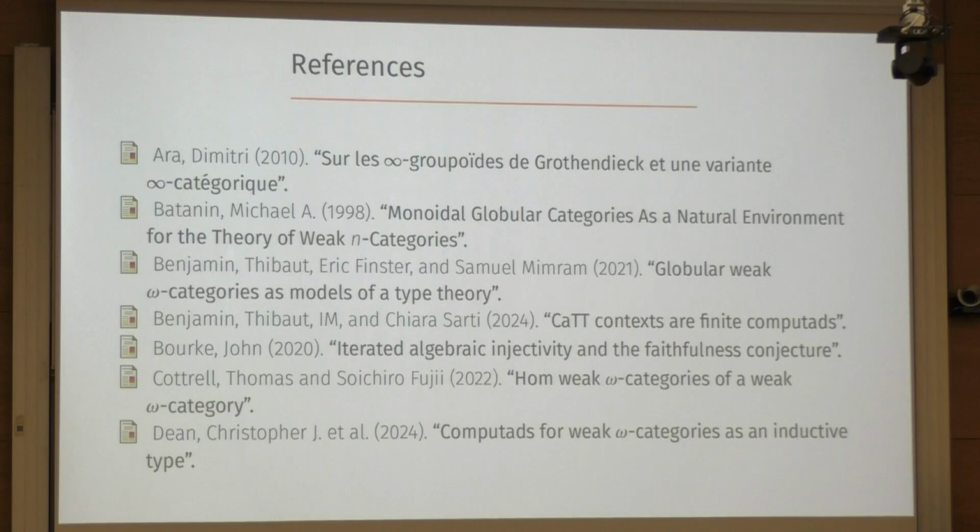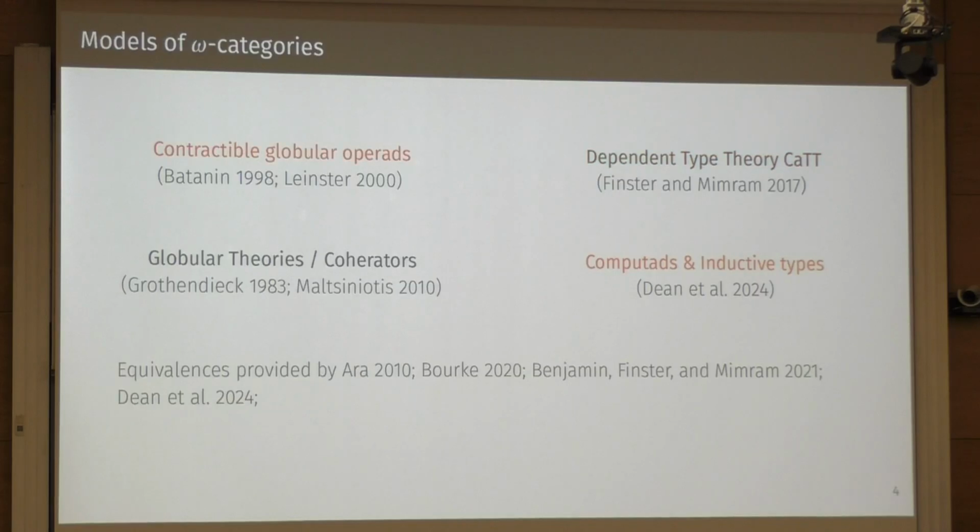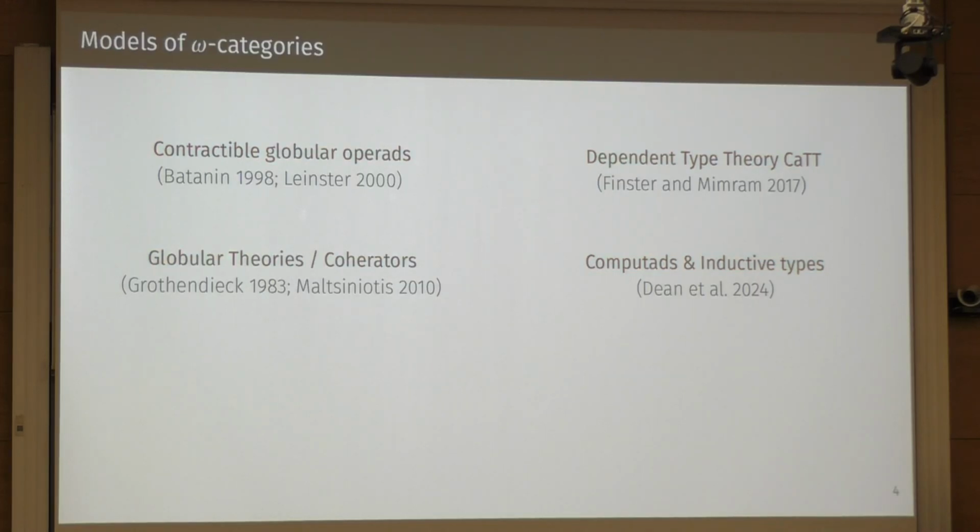I should mention, as I said, one of the models of infinity categories that we have is a dependent type theory, CaTT, which is one of the ways to present omega categories. And actually, Thibaut has done a lot of work in his thesis to define a similar type theory whose models are monoidal omega categories. So we know how to do this, and we are also thinking about maybe being able to do k-tuply monoidal categories, but we're not 100% sure what's the correct way to go.